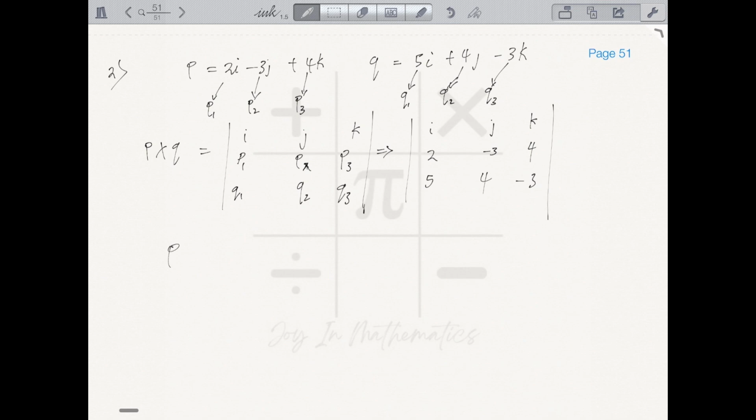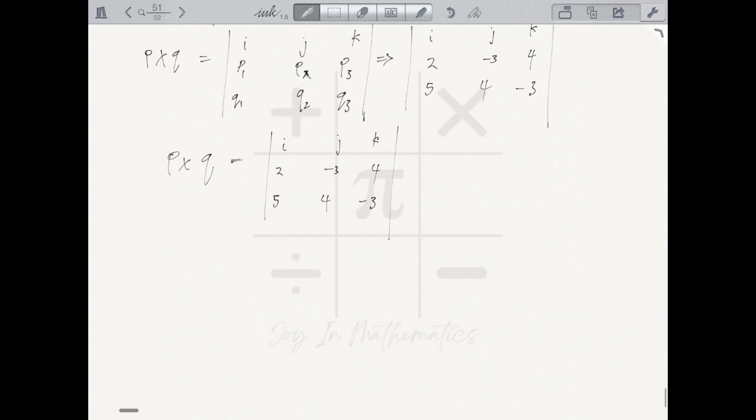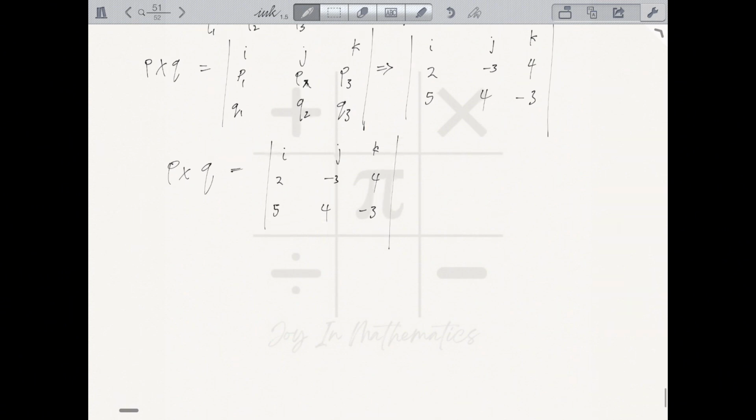So let's rewrite that. P cross Q is equal to the 3x3 determinant: 2, minus 3, 4, 5, 4, minus 3. So now what we just have to do is to reduce this 3x3 into 2x2 determinants, just like we did in the last example.